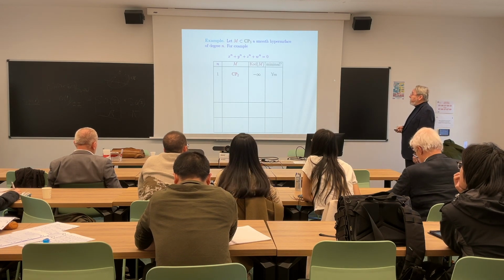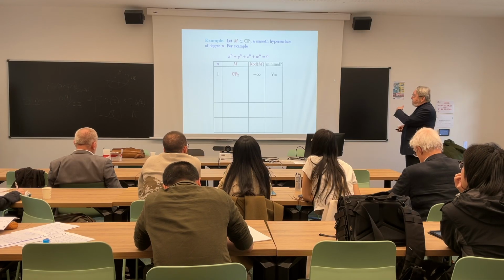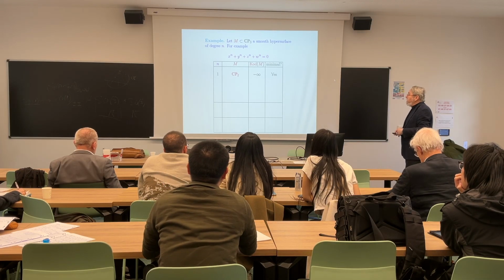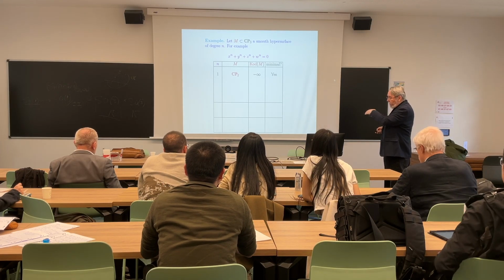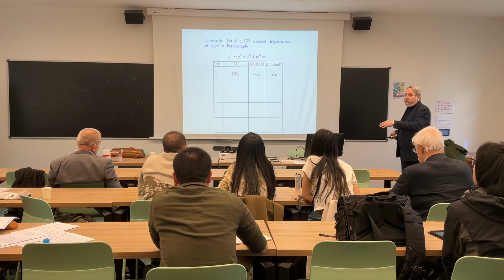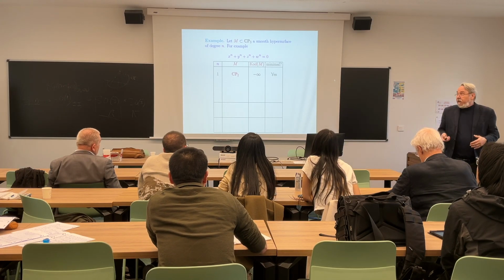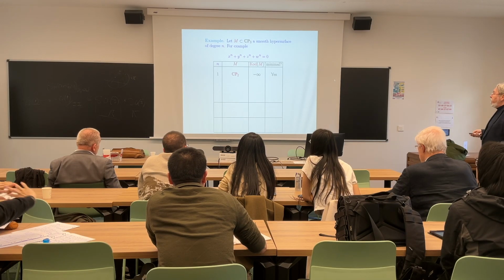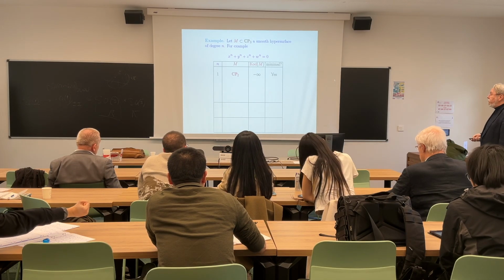For example, if it's of degree 1, that would be saying you're taking in CP3 a homogeneous degree 1 thing. That's just a hyperplane in CP3. That would be a CP2. CP2 is minimal, and it has Kodaira dimension -infinity.